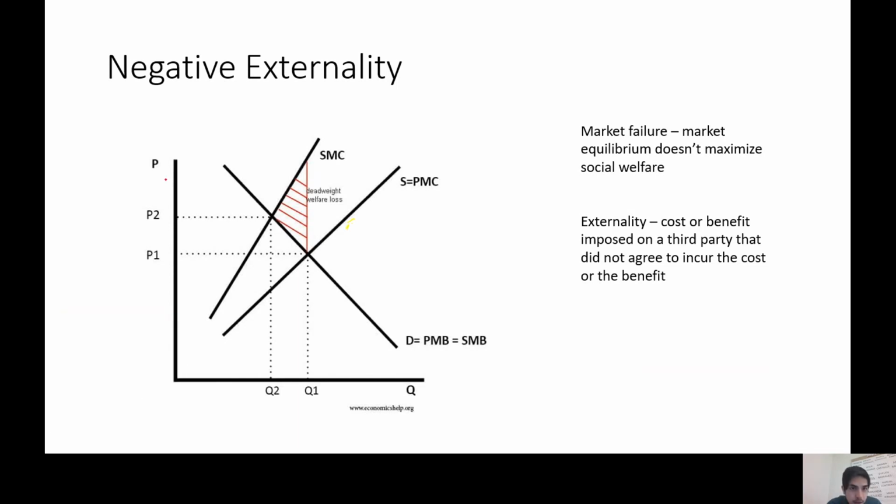Let's see, this would be a negative production externality. So this might be a production facility, or facilities, that has within its production process the burning of fossil fuels, right?